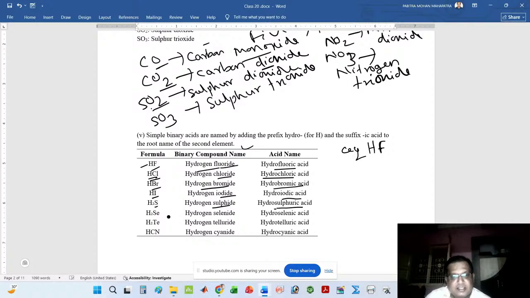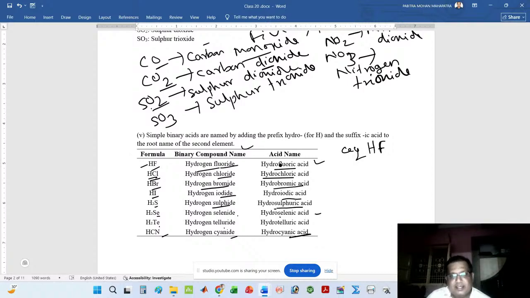H2Se is hydrogen selenide, hydroselenic acid. H2Te is hydrogen telluride, hydrotelluric acid. Next is HCN, hydrogen cyanide, which is hydrocyanic acid. The difference: HF is hydrogen fluoride, or aqueous HF is hydrofluoric acid.